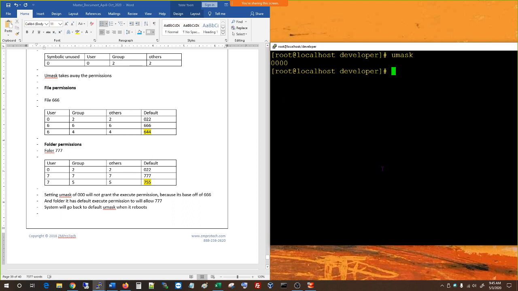So I want to set a permission. I want to set umask 002.